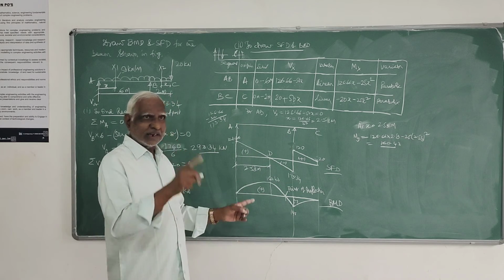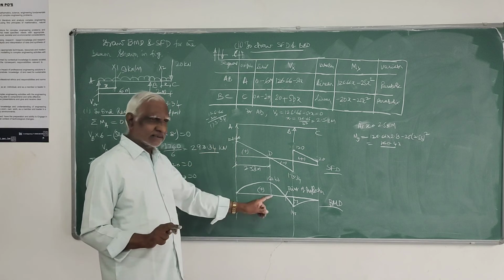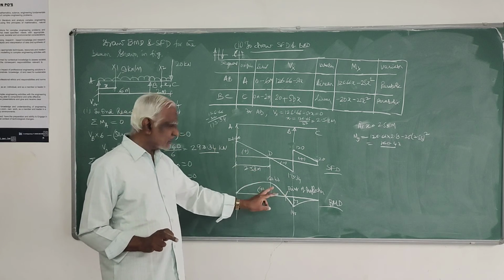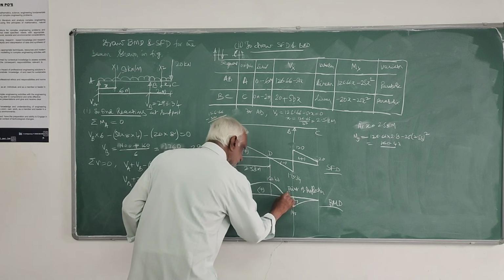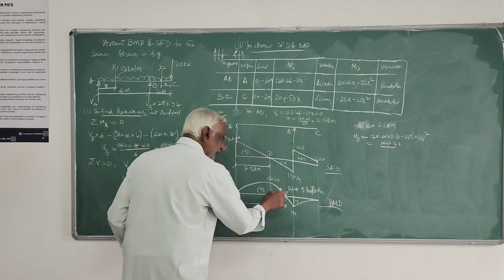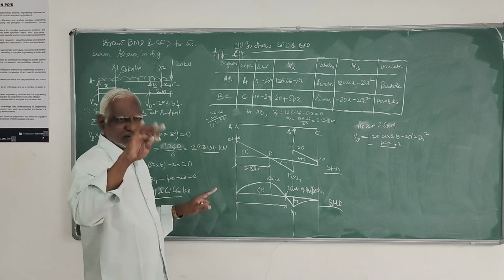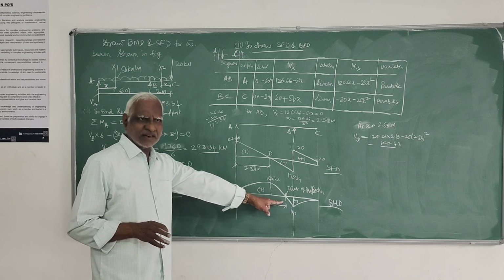So don't use Mx equals 0. It changes its sign from positive to negative. Here it is the point of inflection, and it becomes 0 notionally, though it is evident here graphically.